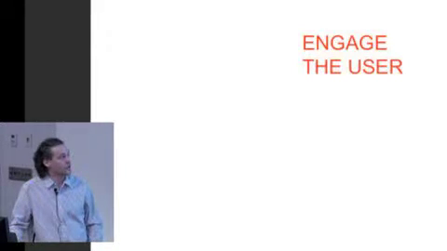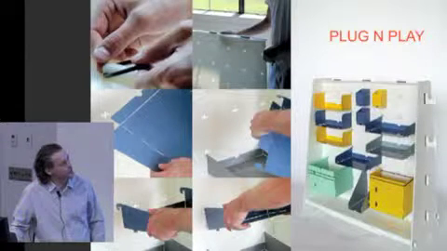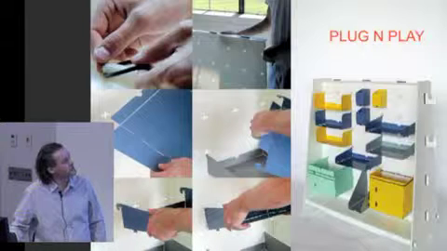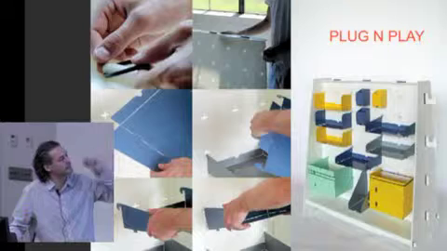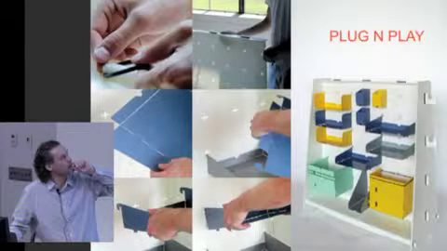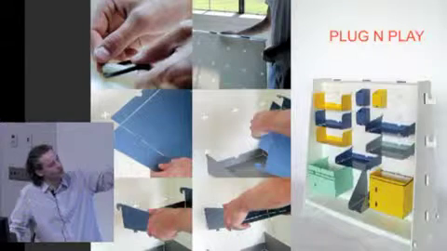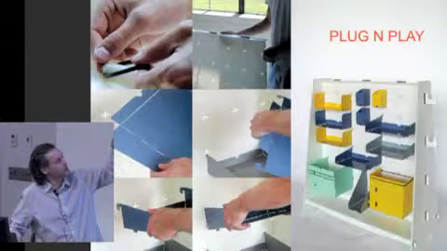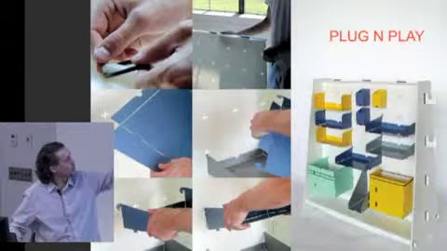So I just talked a little bit about this engaging the user, and this is another one. This is a product we developed for Herman Miller. This is made out of polypropylene, or HDPE, high-density polyethylene. It is water jet cut, and in these little star-type shapes, those little cross shapes, these products hook in.